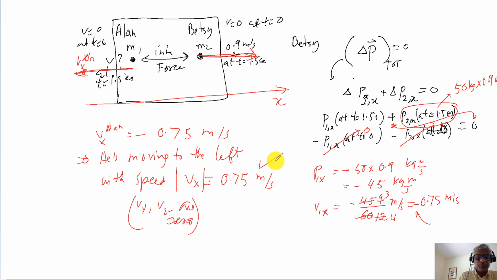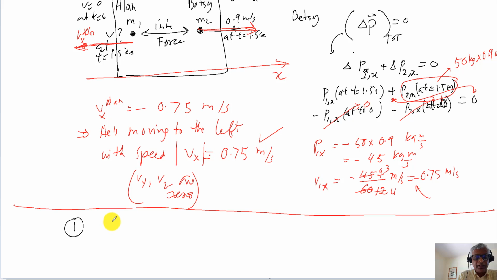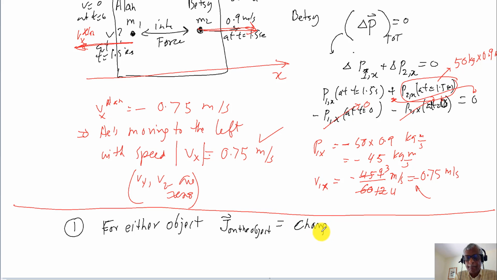The first, for either object: the impulse J on the object equals the change in momentum of that object, delta P of the object.